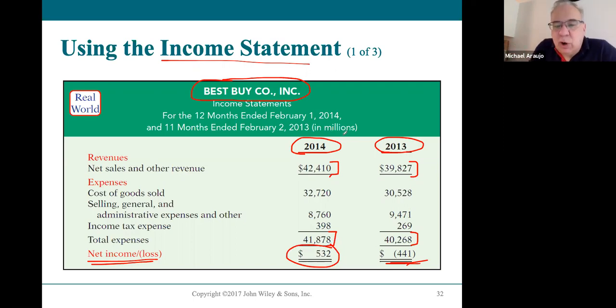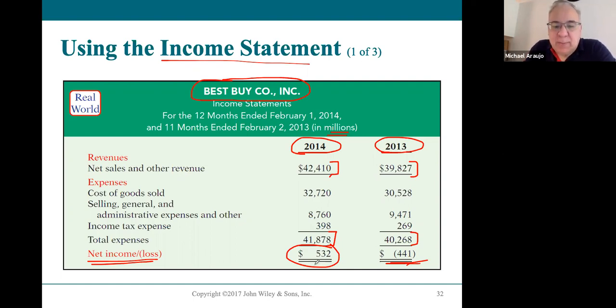These numbers are all in millions, and so it looks just like $532, which is nothing to write home about. But it's actually $532 million, which is something you probably would want to write home about. And so if you were a stockholder in Best Buy, you probably are going to be one of millions of other shareholders.